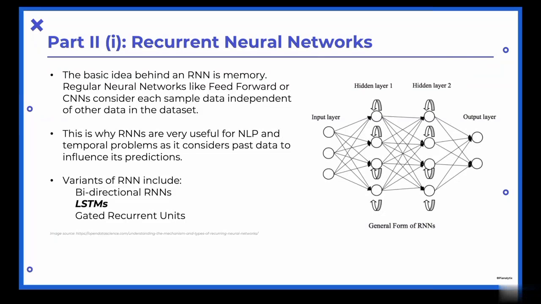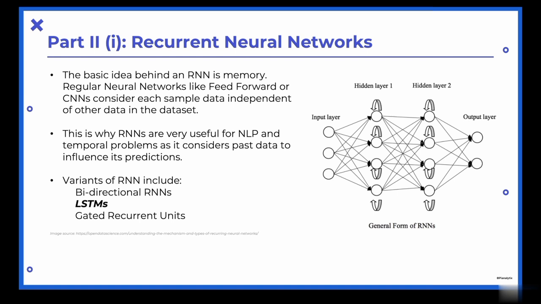All right. Let us see what are recurrent neural networks. The basic idea behind an RNN is memory. Regular neural networks like feed-forward or CNNs consider each sample data independent of other data in the dataset. This is why RNNs are very useful for natural language processing and temporal problems, as it considers past data to influence its predictions.